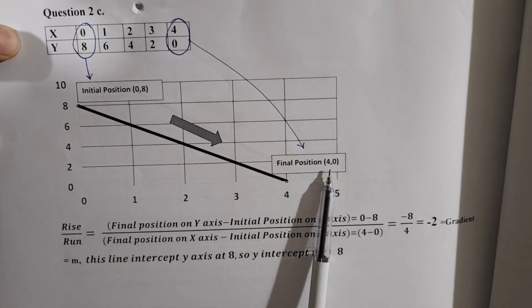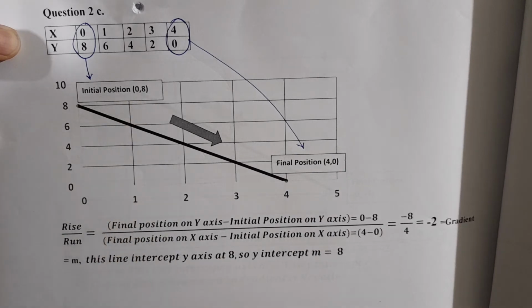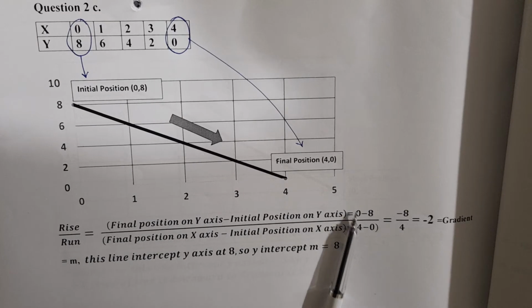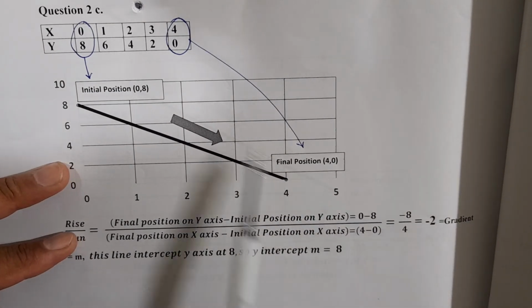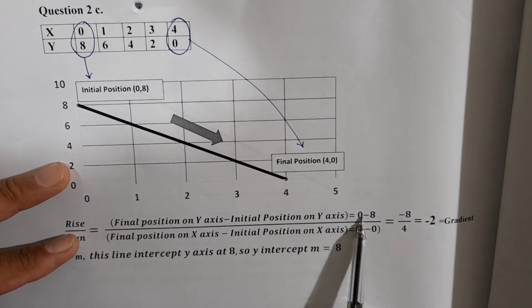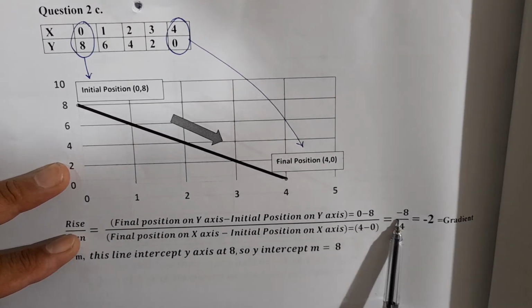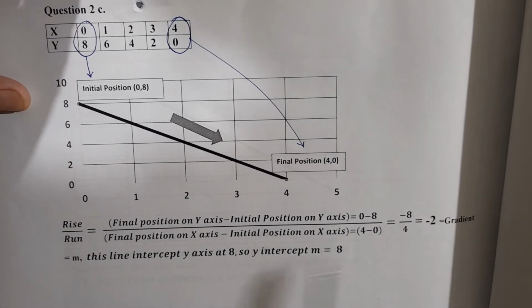Final position on the x-axis is 4 and initial position was 0. Final position on the y-axis was 0 and initial position on the y-axis was 8. So 0 minus 8 divided by 4 minus 0, that is minus 8 divided by 4, which is minus 2. So the gradient or m is minus 2.